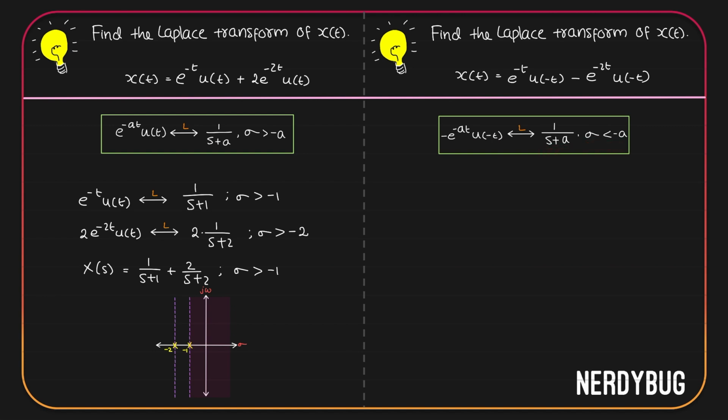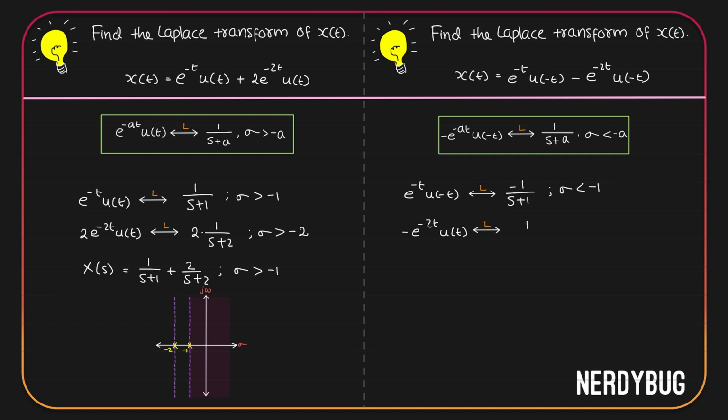Let's compare each of them with this standard equation. So, for e raised to minus t u(minus t), the Laplace transform will be minus 1 by (s plus a), here a is 1, so s plus 1, and sigma will be less than minus 1. For the second part, minus e raised to minus 2t u(minus t), here a is 2.